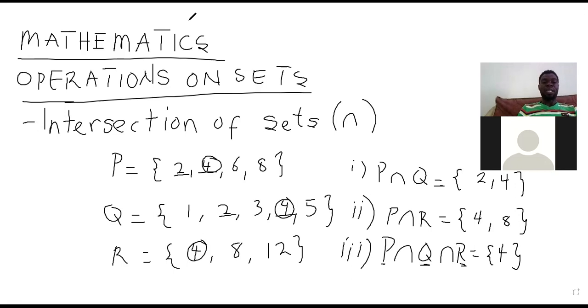Okay, so that is intersection of sets. We look at union of sets.